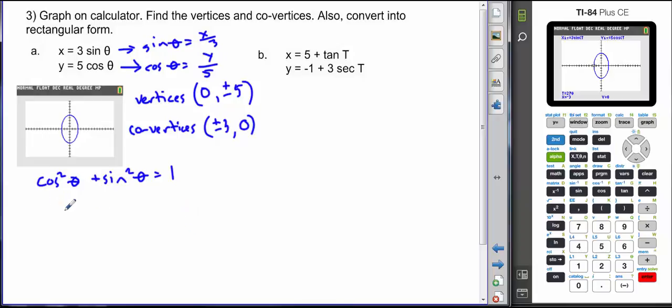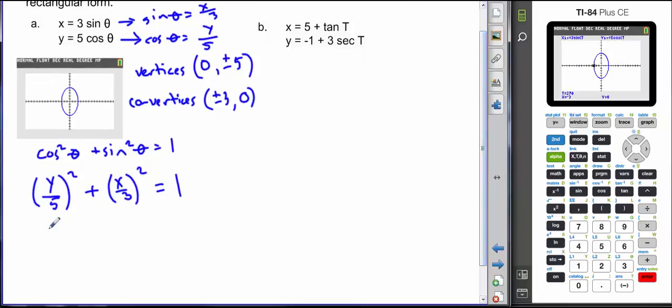If I do those two conversions, then I can plug in y over 5 instead of cosine, and we're going to have to square it because it's cosine squared, and then x over 3 for sine, squared, and that would equal 1. We could simplify that a little bit: y squared over 25 plus x squared over 9 is equal to 1.